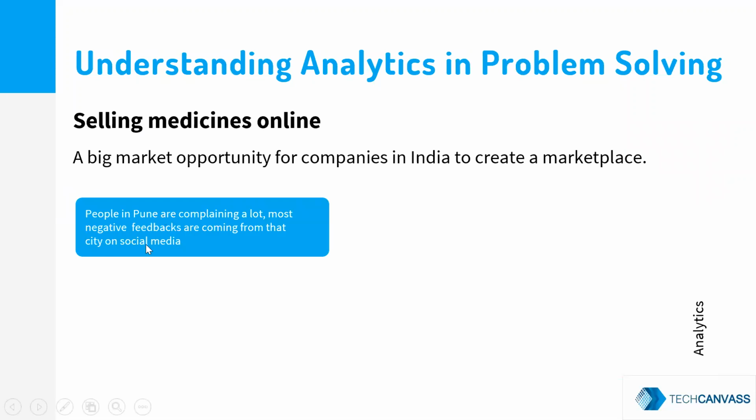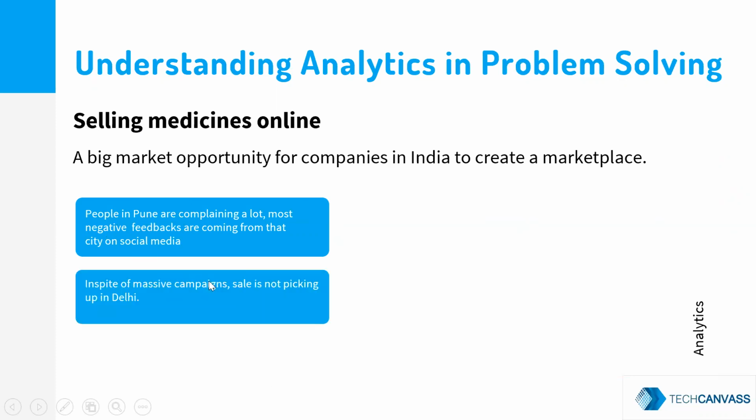The challenges are the feedback the company is getting on social media from various cities. They find that people in Pune are complaining a lot, and a lot of negative feedback is being posted on social media. Another problem is that, in spite of massive campaigns, sales are not picking up in Delhi.